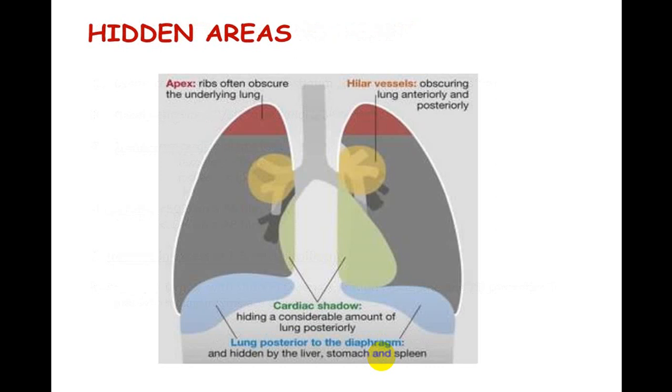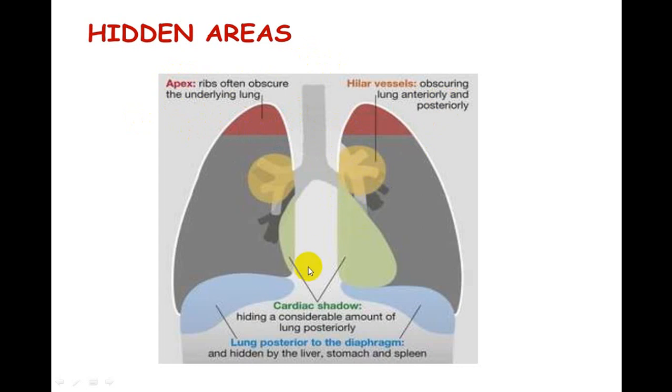There are a lot of areas which are a little hidden. For example, the apex is here, but it will be obscured by ribs as well as by the clavicle. Hilar vessels will be obscured anteriorly and posteriorly by some structures.